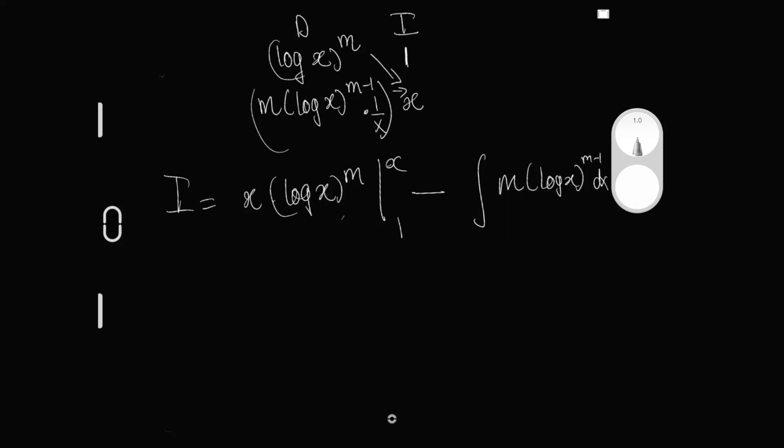Applying the limits over here, x remains the same, log 1 is 0, and 0 raised to m is 0, so it just basically becomes I is equal to e into (log e) raised to m minus m into I of m minus 1.